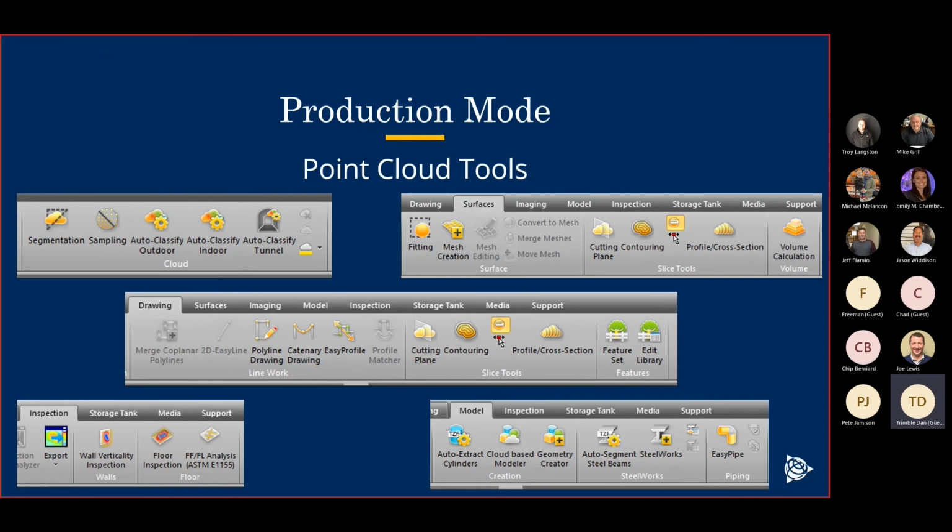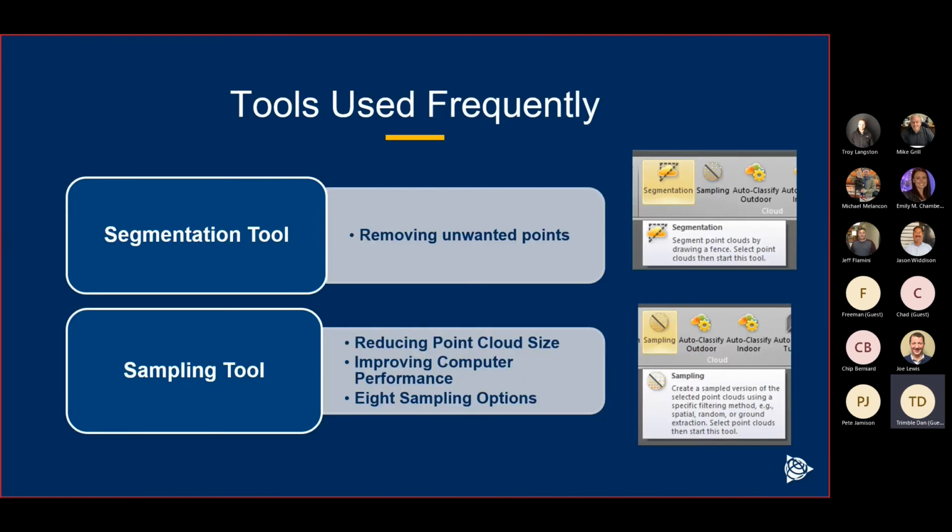Then we have inspection. We got other inspection tools. Then we have the wall verticality, floor inspection. Then we have modeling, so we can start modeling objects. So we have some automated stuff, and there's also manual operation. So as we see, a lot of things in RealWorks. So there we have all the tools.